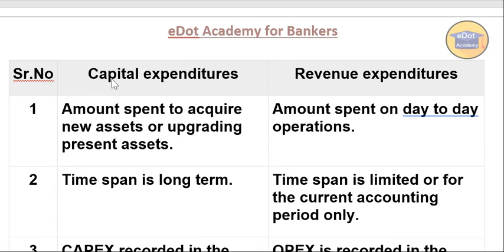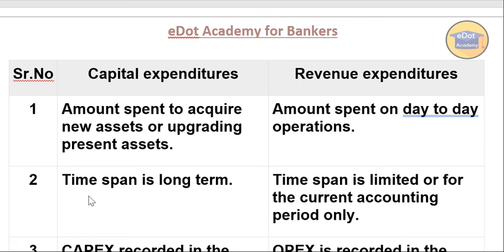Means when you purchase one asset and upgrade a present asset, that is called capital expenditure. And opposite to this, amount spent on day-to-day operation, like you are paying wages, you are paying salary, you are paying tax, you are paying some other expenditure. Okay, so this is called revenue expenditure.